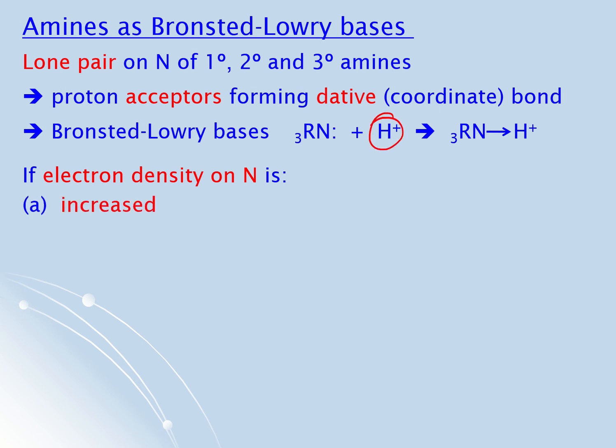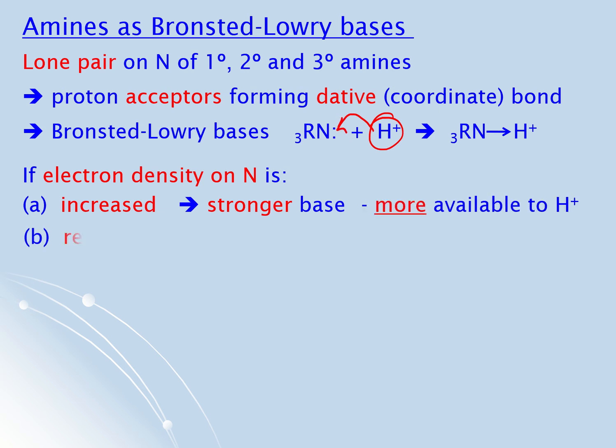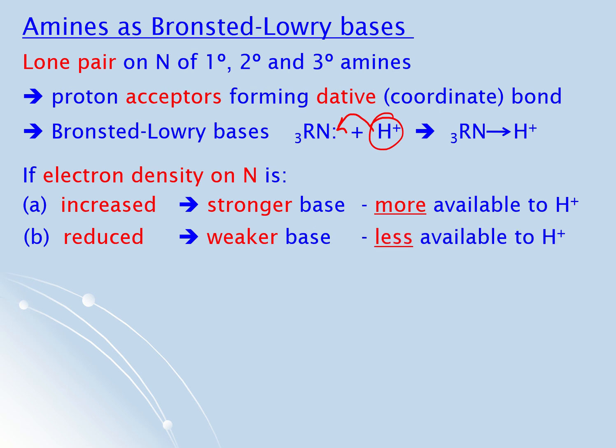If you increase the density of the electrons around that nitrogen, you make it more attractive to the hydrogen ion, and you make it a stronger base. On the flip side, if you reduce the availability or the density of that lone pair on the nitrogen, you make it a weaker base because it's not going to attract the hydrogen ion to the same extent.